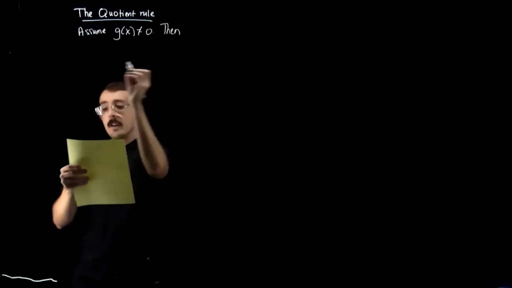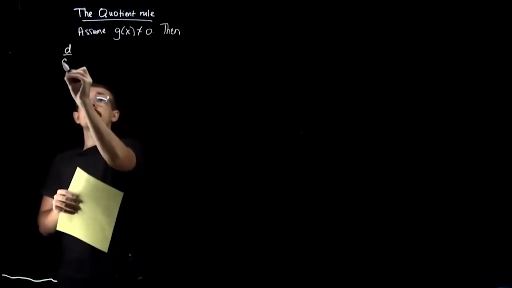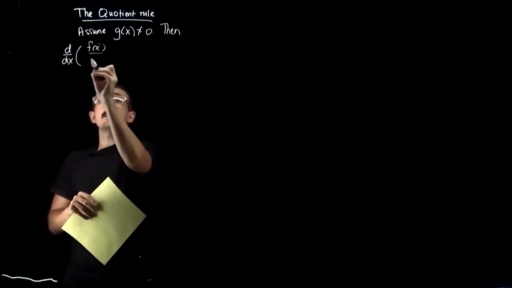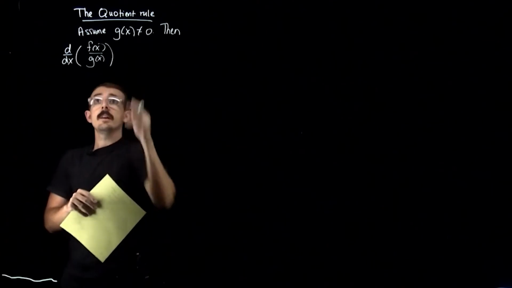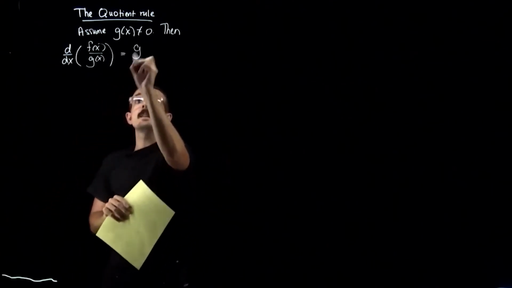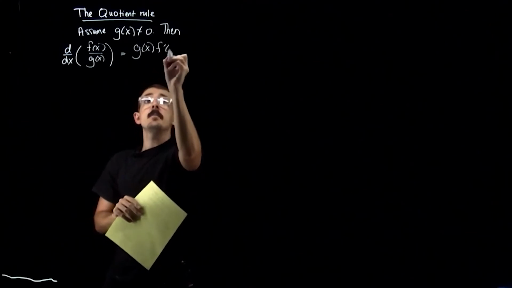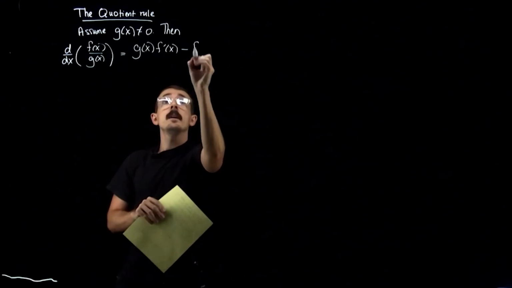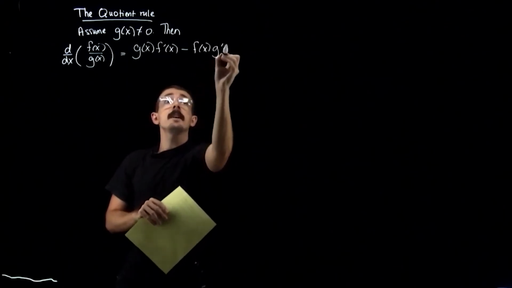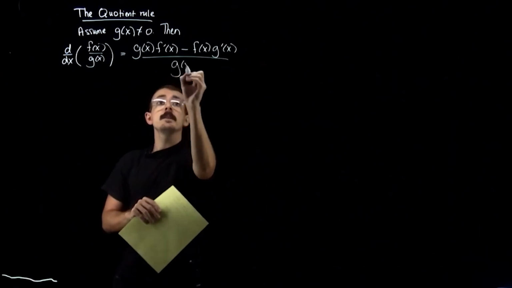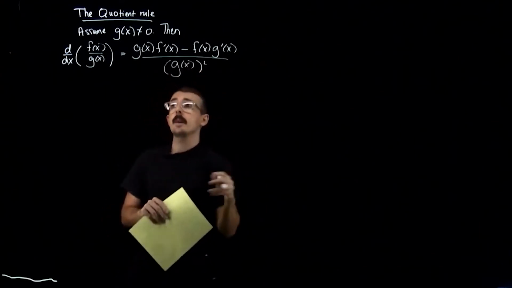Then the way you're going to take the derivative of a function divided by another one, so f of x divided by g of x, is going to be g of x f prime of x minus f of x g prime of x all over g of x squared.